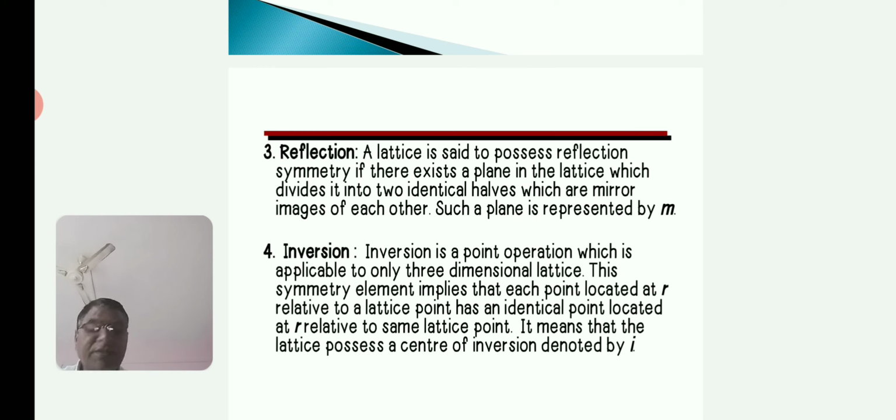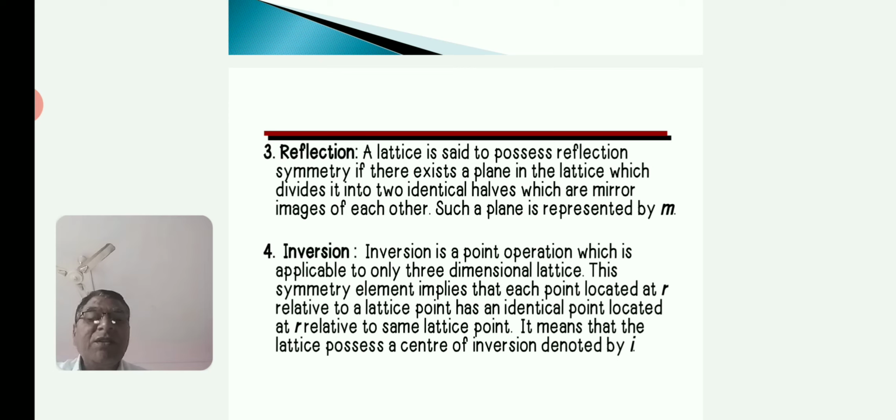The last but one symmetry operation is inversion. Fourth point is inversion. Inversion is a point operation which is applicable to three-dimensional lattice only. The symmetry element implies that each point located at r relative to a lattice point has an identical point located at minus r relative to the same lattice point.